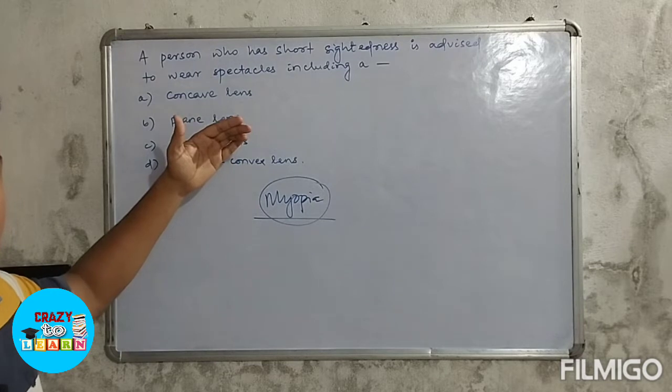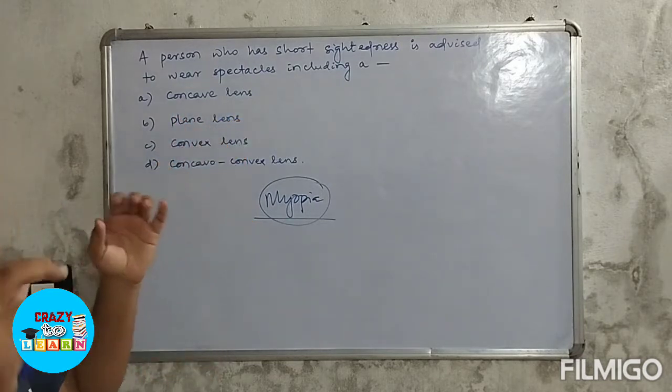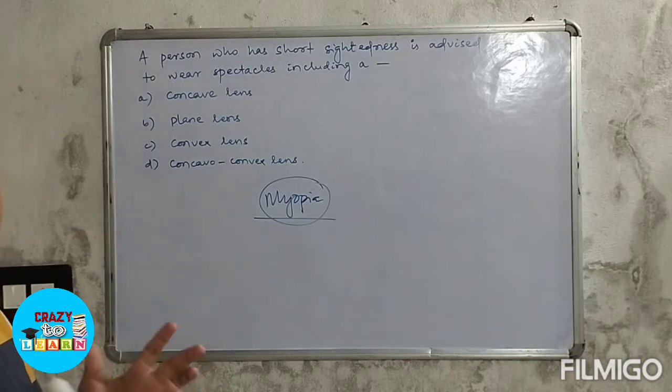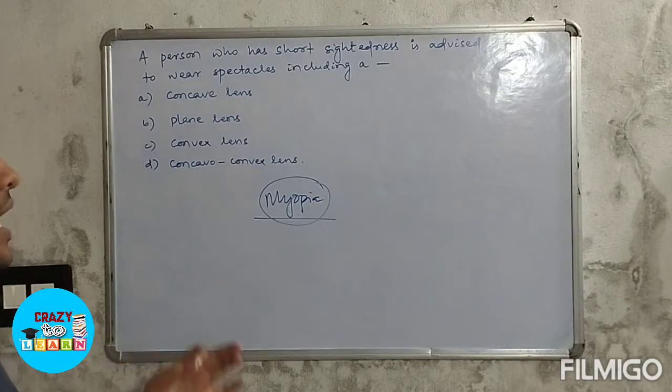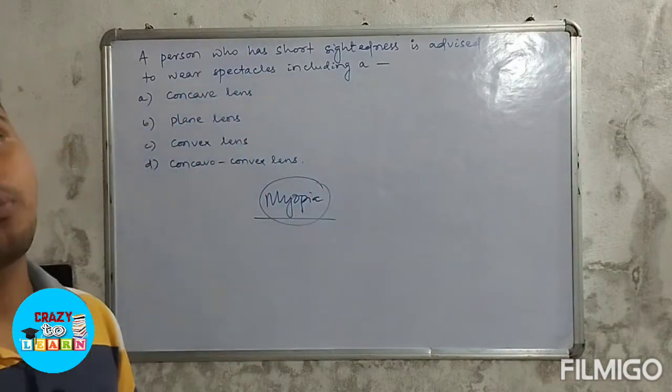In student life, our friends are used to wearing spectacles. What type of defect do they have? They have the defect of the eye which is called short-sightedness or myopia.